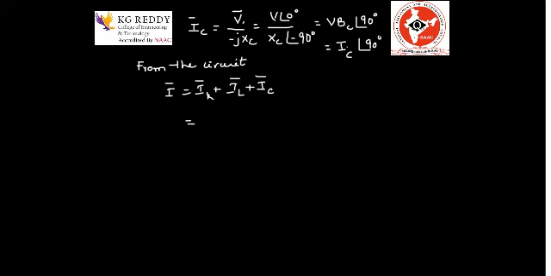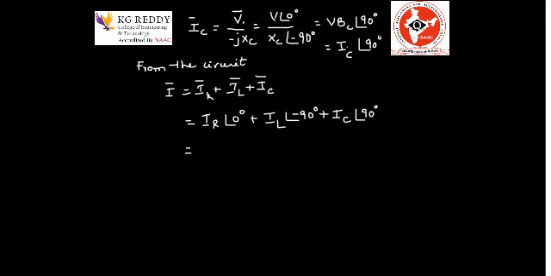But just now we have calculated these currents. IR is the magnitude IR at an angle 0 degrees, plus IL at an angle minus 90 degrees, and IC at an angle plus 90 degrees. These are the three currents which we have calculated.